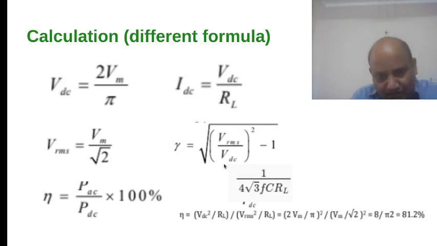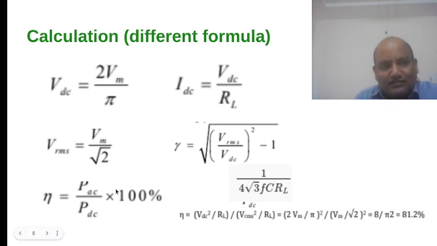This is the theoretical value which you are getting from here. This is also a theoretical value. So if you substitute your measured values in this, you will get a different ripple factor, different efficiency. That is one method.